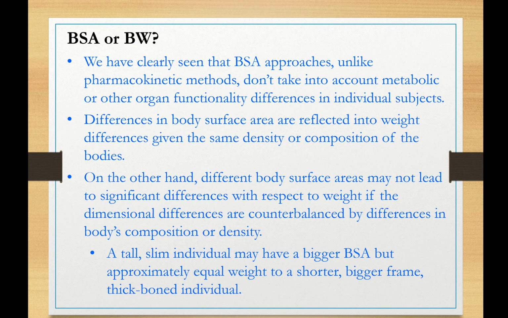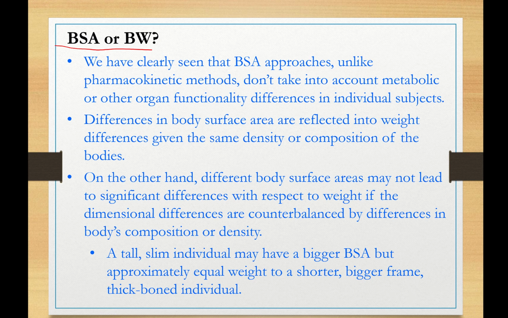Now the next question we need to address: body surface area or body weight, which one is more accurate? We have clearly seen, I hope you are convinced, that body surface area approaches just come out of mathematics. Unlike pharmacokinetic methods, they don't take into account metabolic or other organ functionality differences in individual subjects.